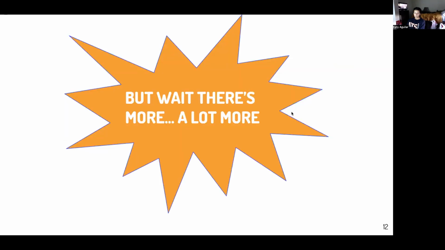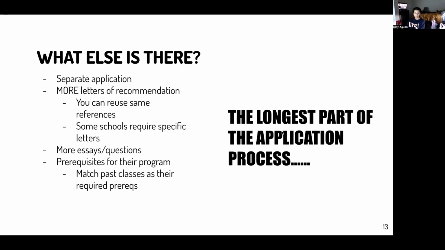Okay, this is where it gets really bad. Once the cycle opens, it's a whole lot more. You think you're done and you're like, all I gotta do is search the programs that I want to go to. Yeah, that's what I thought. But once you open and add the different programs you want, there are separate individual applications for each school.